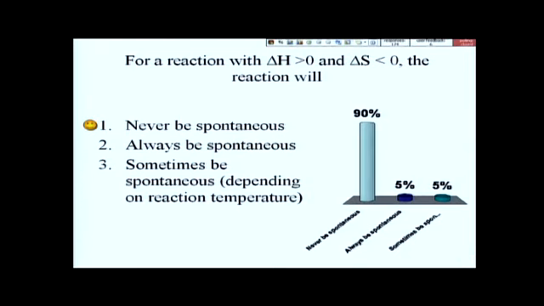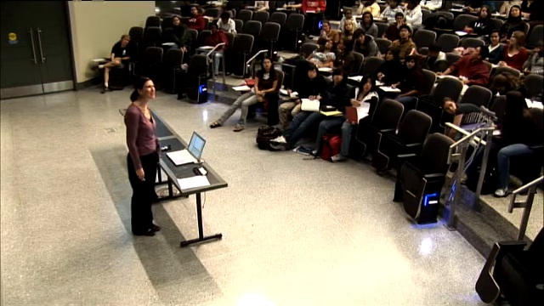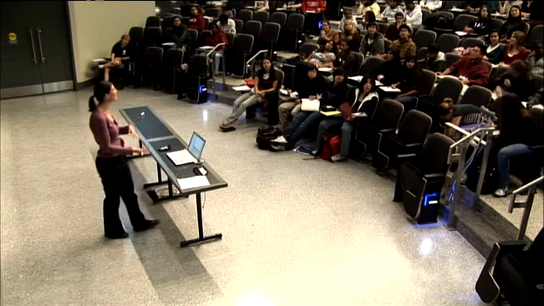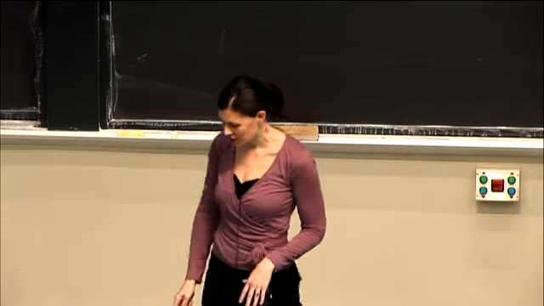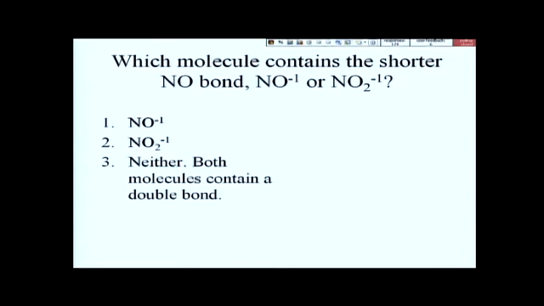Okay, excellent. 90% is very good. So this should never be spontaneous because we both have the entropy and the enthalpy term contributing to a positive delta G.